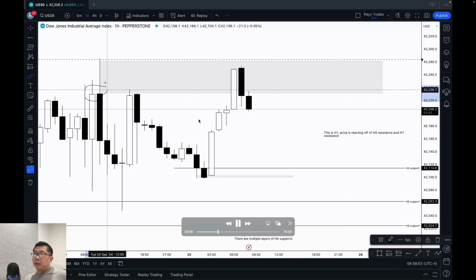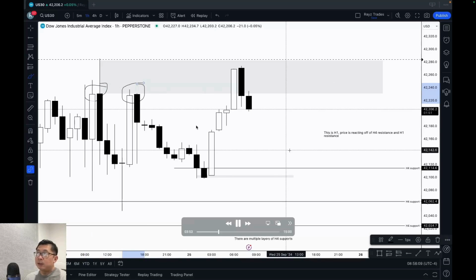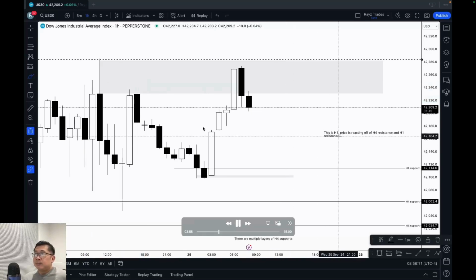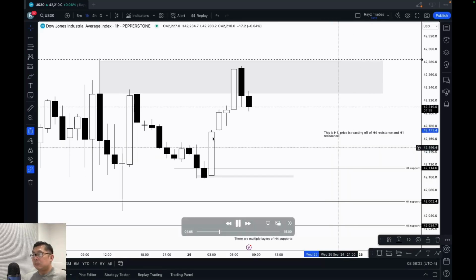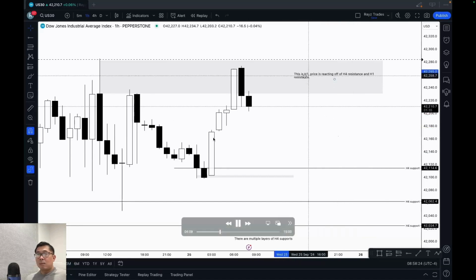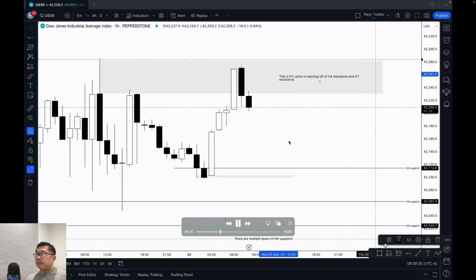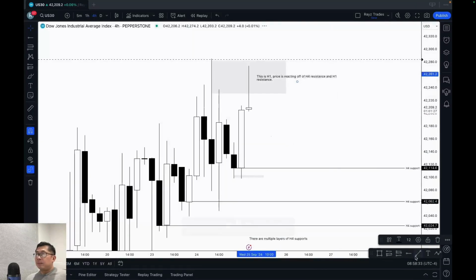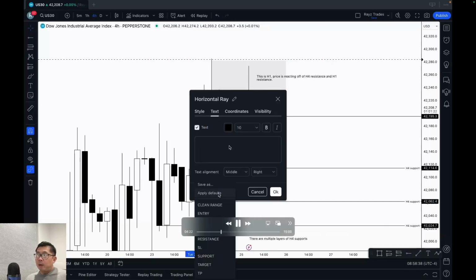So I marked down the 2 touch points of the 1 hour resistance. And that's the 4-hour resistance that I mentioned earlier.